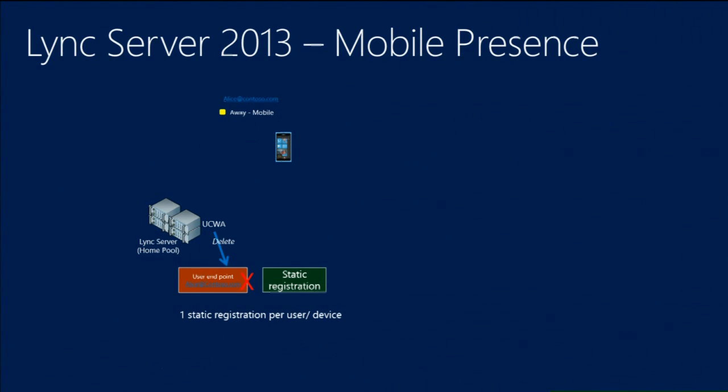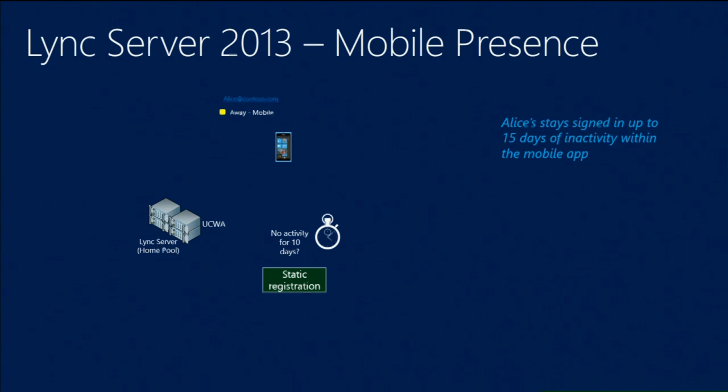We still have the static registration, it's just a line in our database that says, we can find Alice this way. And if Alice isn't active for 10 days, we'll clean it up. It's more of a housekeeping thing, because if Alice hasn't used Lync for 10 days, she probably won't use it for 11 days either.